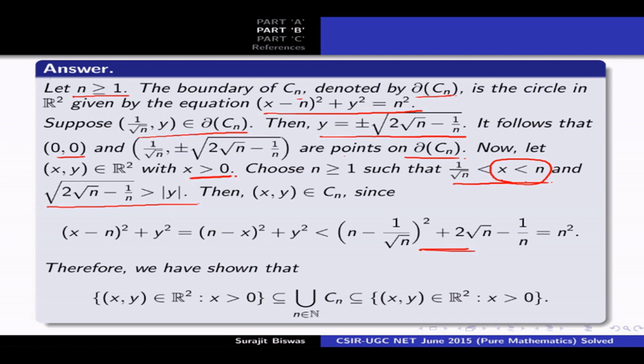Okay, so now we claim that (x, y) is in Cn. Why? Because now if we explicitly compute (x minus n) square plus y square, then here we use this condition.